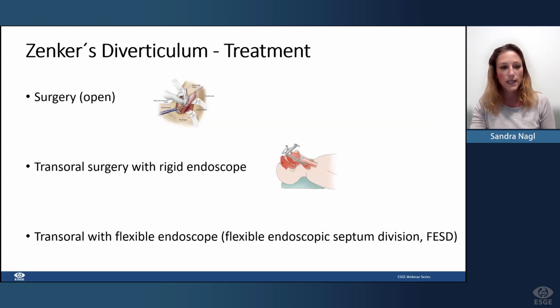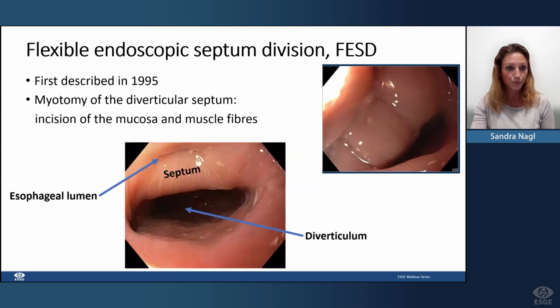But given the technical issues related to restricted neck mobility and the invasiveness of surgical treatment, endoscopic techniques such as flexible endoscopic septum division have come more and more into focus in the last years. In the next slides, I will mainly focus on flexible endoscopic septum division.